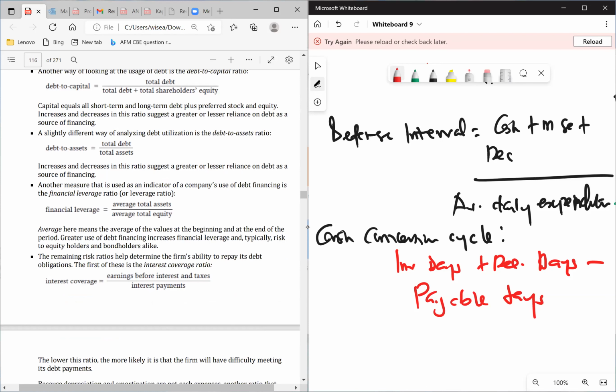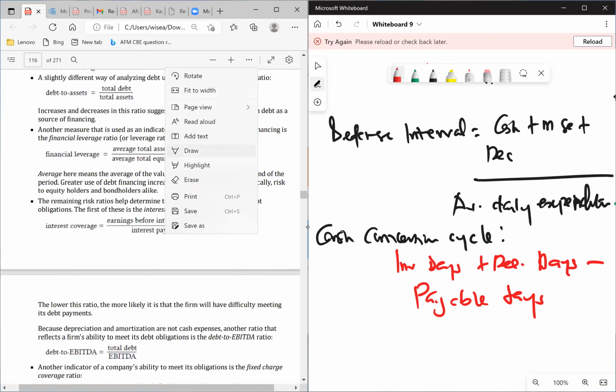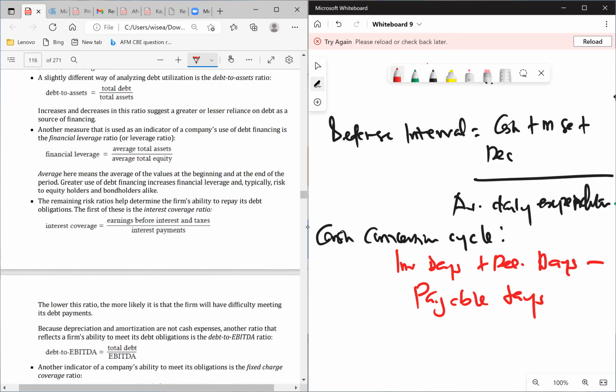And then financial leverage, a very key, important ratio for us. We'll be looking at it in the DuPont. Financial leverage is your total assets over your total equity.